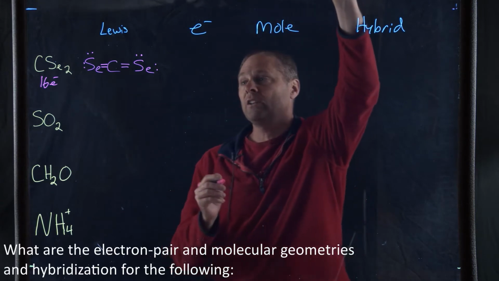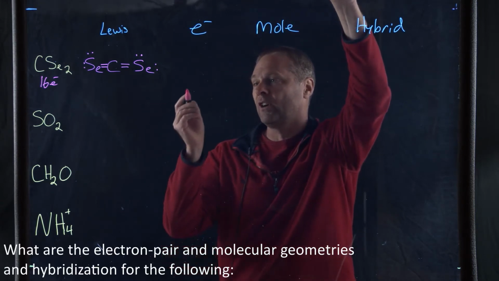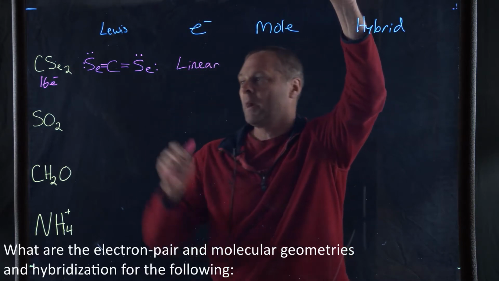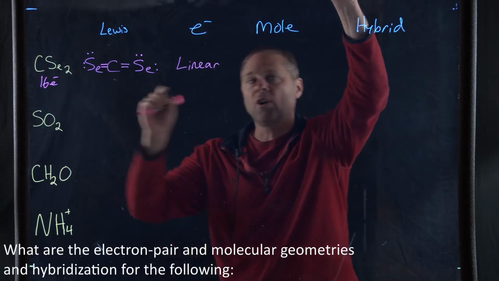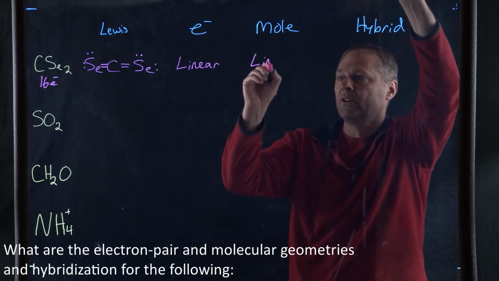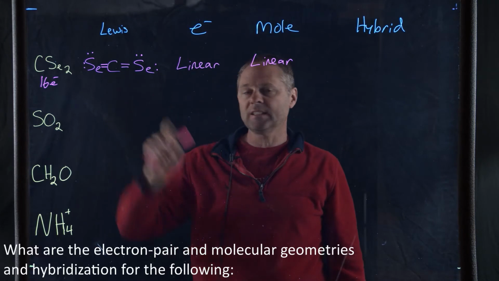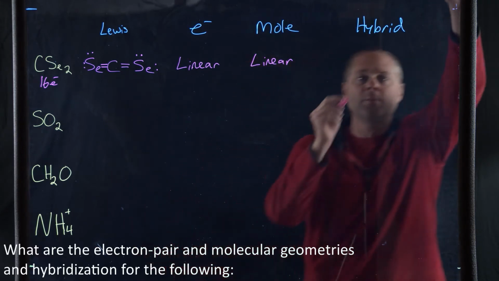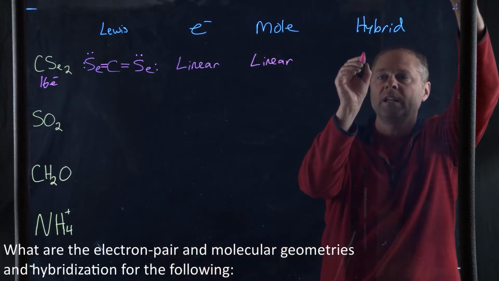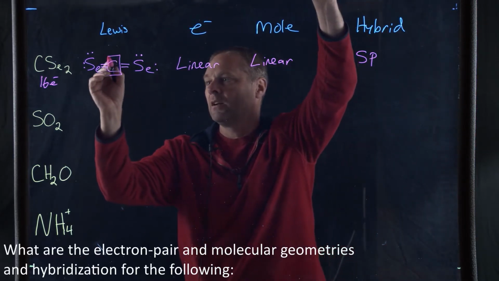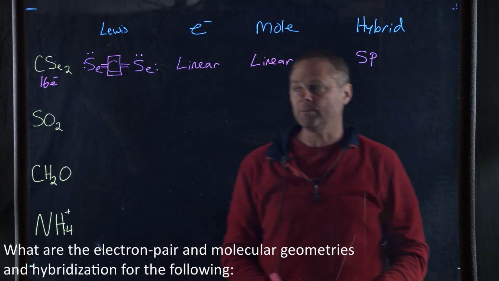The electron domain, or the electron pair geometry, is going to be linear. Now there are no lone pairs on the carbon, so the molecular geometry will be linear as well. Because this is a linear molecule, the hybridization of the carbon is going to be sp. So we're looking at the hybridization of the central atom here.